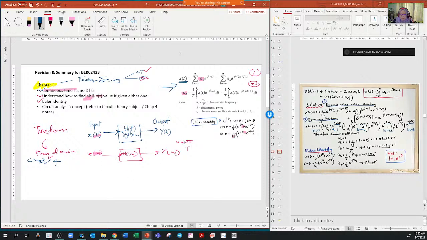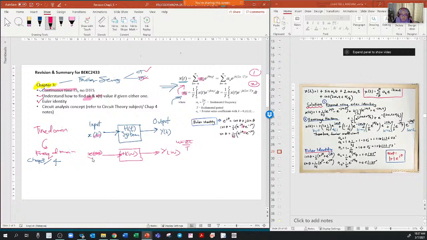In one question, a part of the question may ask you to find the coefficient. After finding the coefficient, they ask you to find the x(t) value. So it can be either way. It asks you to find ak, and then next is find x(t). After that you get the x(t) value.